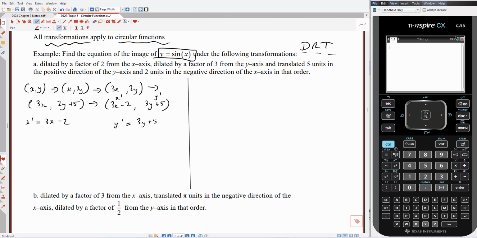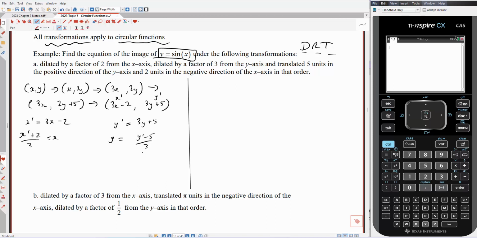Alright, so our original function is y equals sine x. Notice that we've got y and x in it, so we need to solve for x and solve for y. So we're going to go x dash plus 2 on 3 equals x, and y equals y dash take 5 on 3.